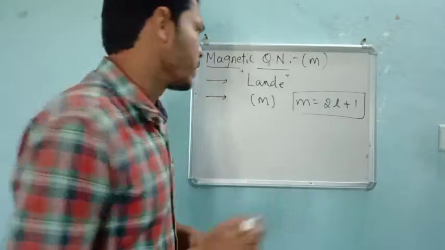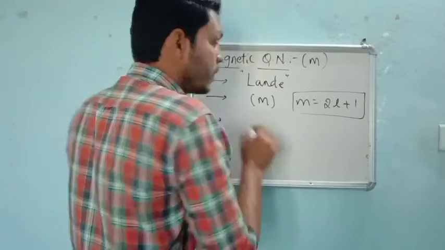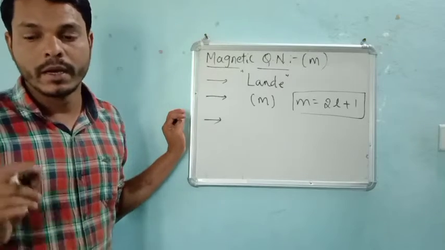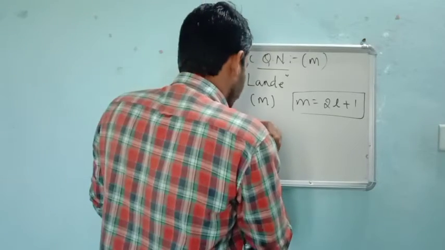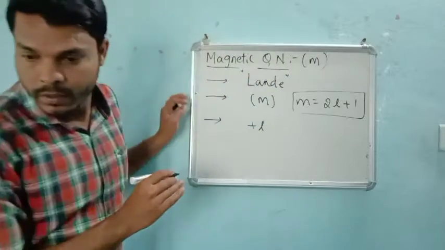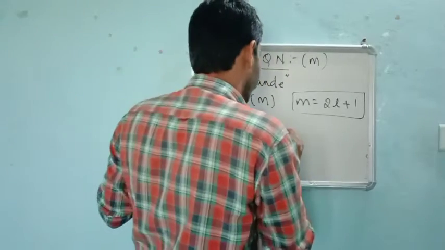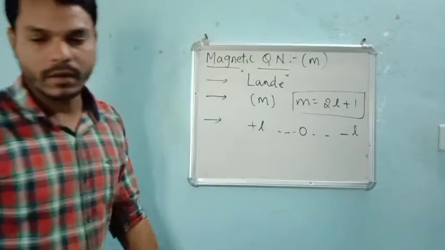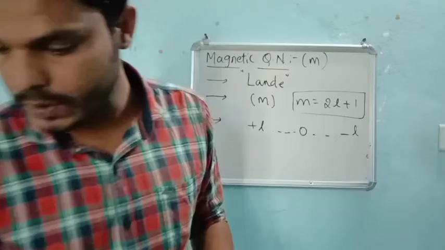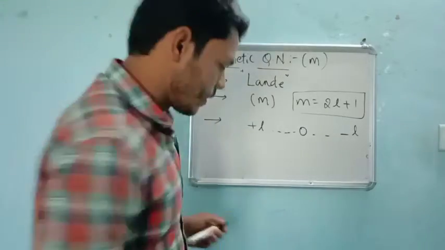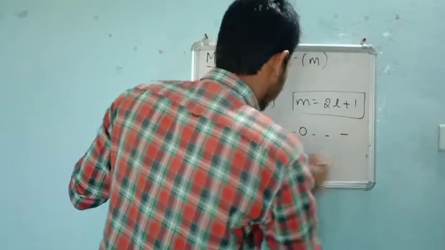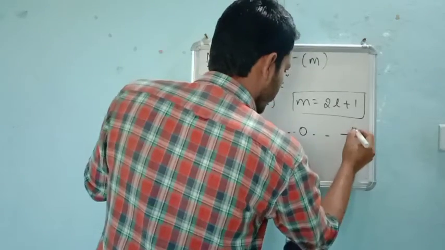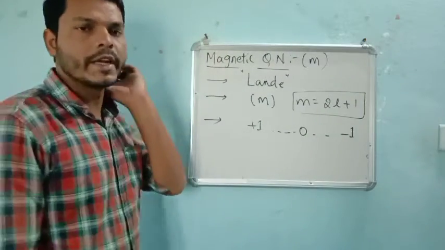Now the value of the magnetic quantum number ranges from plus l to 0 to minus l. Or plus 1, I think it is. Yes, it is plus 1 to 0 to minus 1. We will see this later.